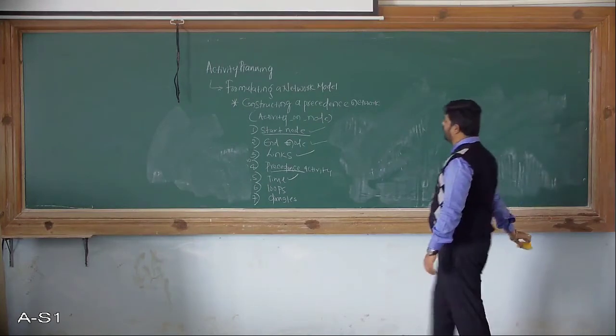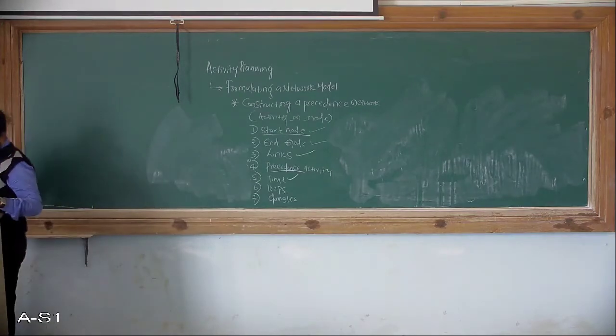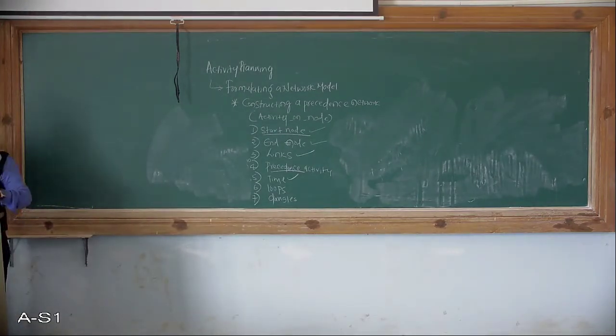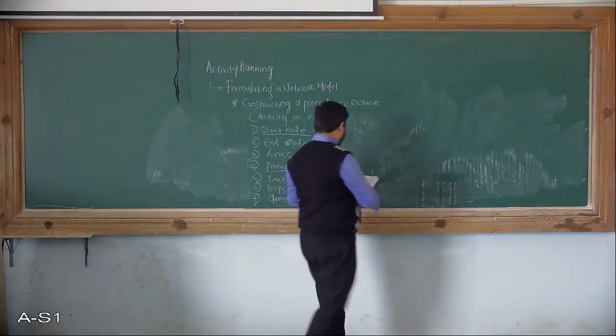Fine. Okay, next, we are done with the start node, end node, and precedence activity. Another thing, we will go through the precedence activity. What is the example they have mentioned?